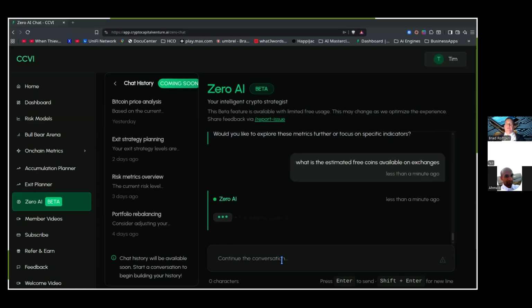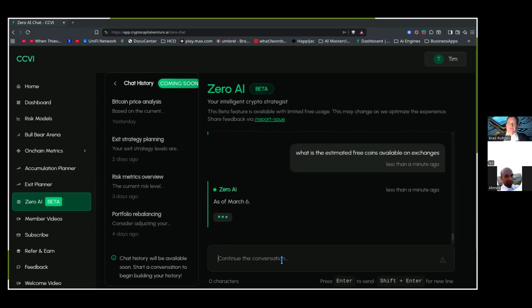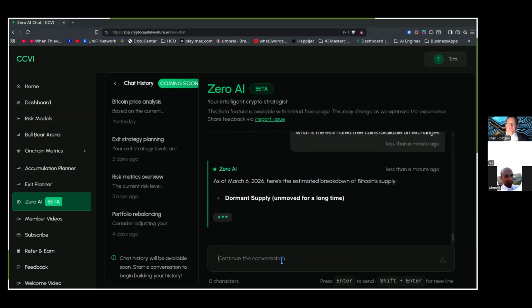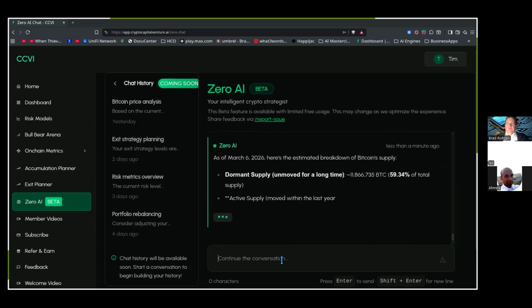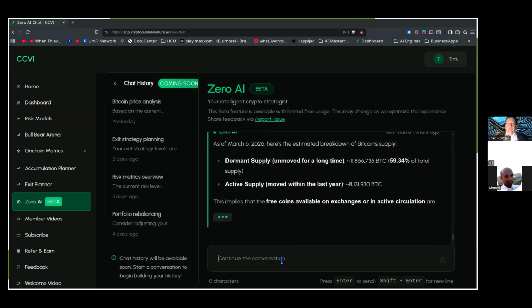Are you talking about Bitcoin, like how many are available to purchase? Yep. Active supply.